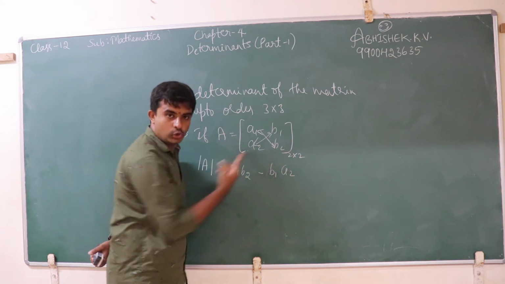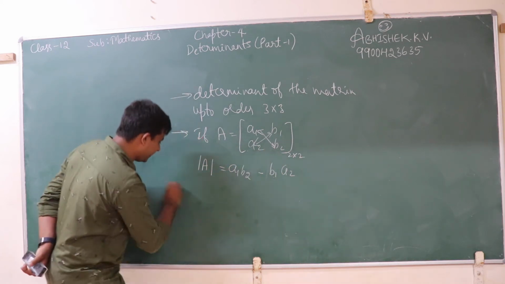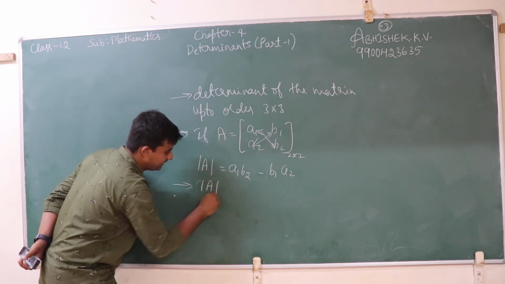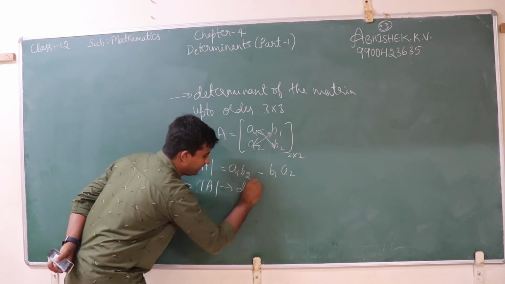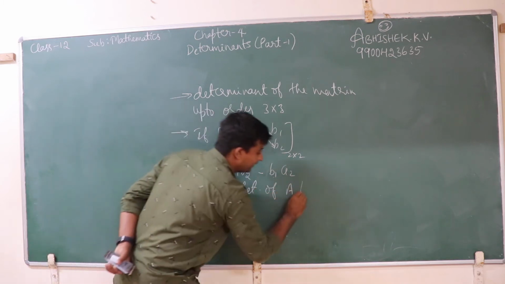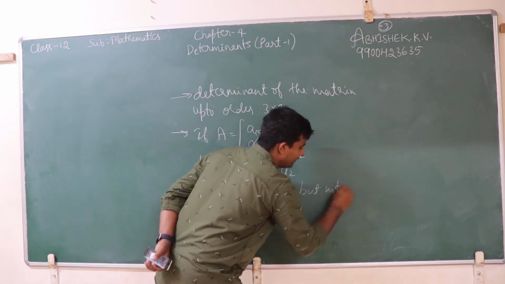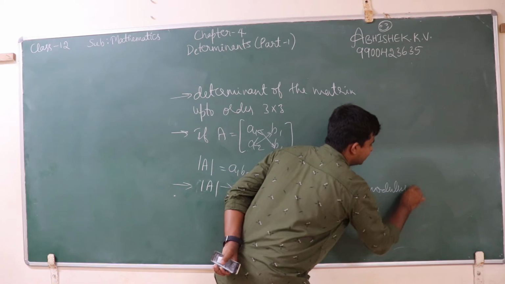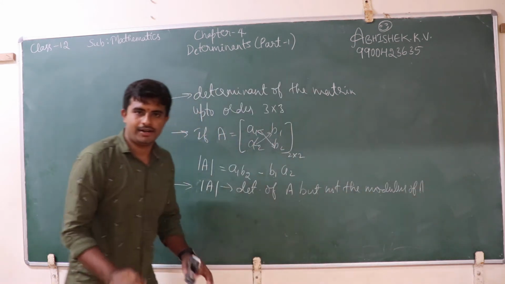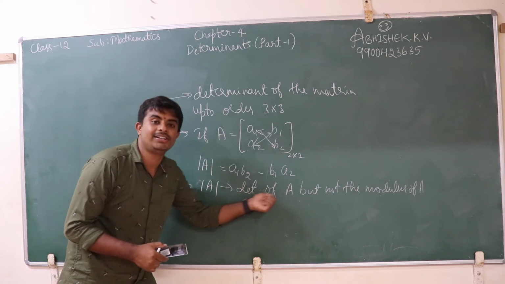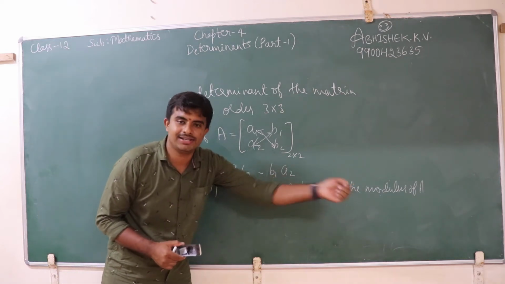This is for 2 by 2 matrices, and here we should note that this is read as the determinant of the matrix A, but not the modulus of A. Understood?